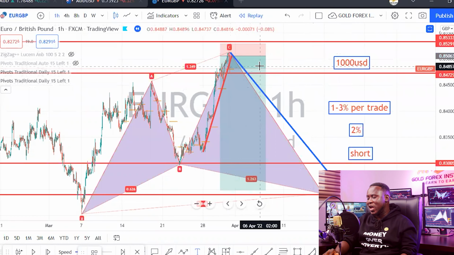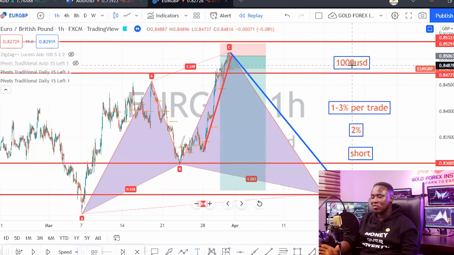Now, let's roll to the chart so that I show you exactly how to calculate your lot size based on your account balance. Look at the information that we have over here. Let's assume we have $1,000 in our account and we are risking 2% of our account per trade. Now, we are going short on this trade.